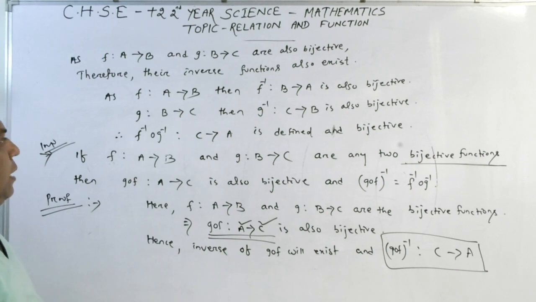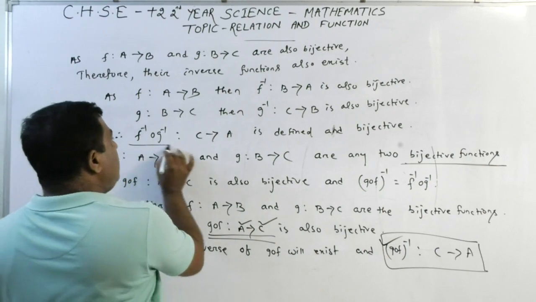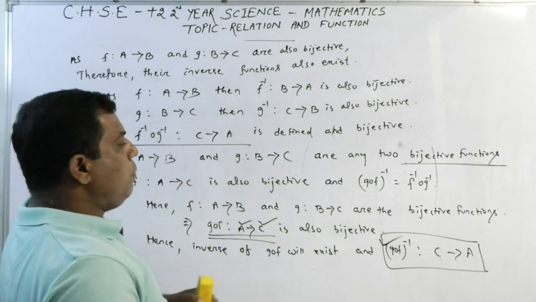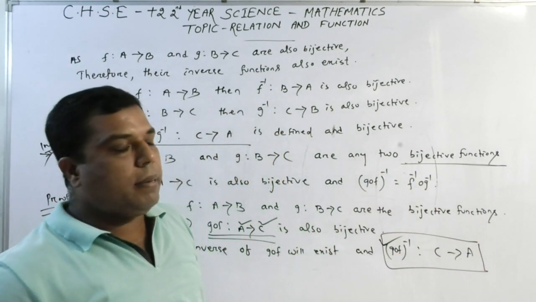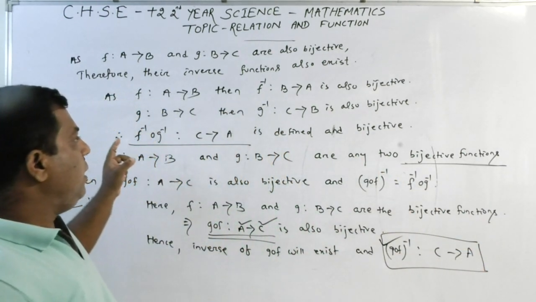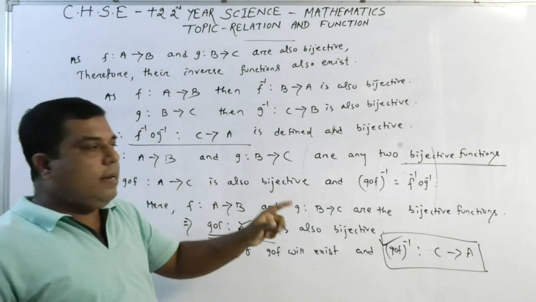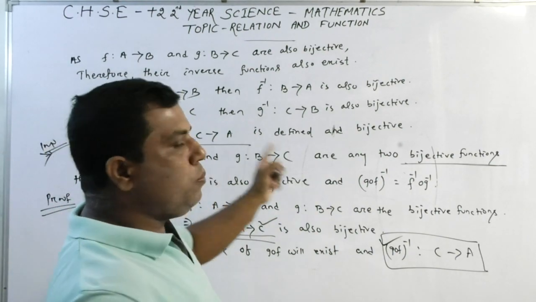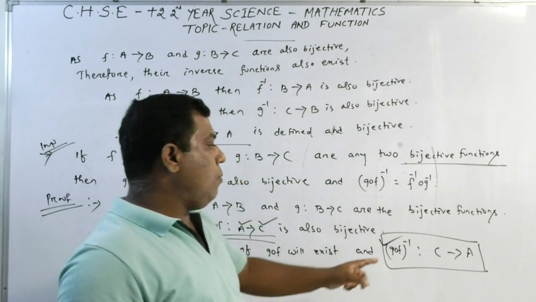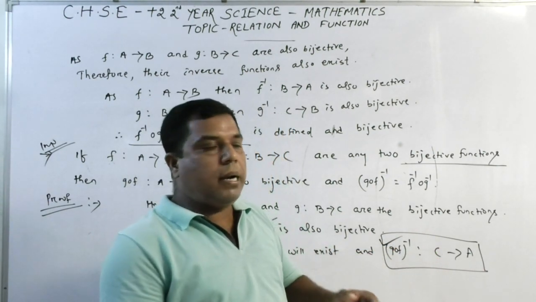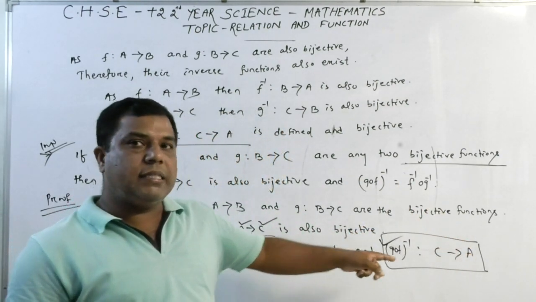So both functions, (gof) inverse and f inverse operated on g inverse, are from set C to set A. Clear, my dear students? So in this way we are able to define these two functions, and now we can verify that both functions have the same domain and the same codomain. Though the formats are different, the functions have the same domain and the same codomain.